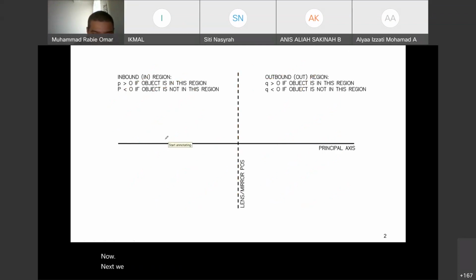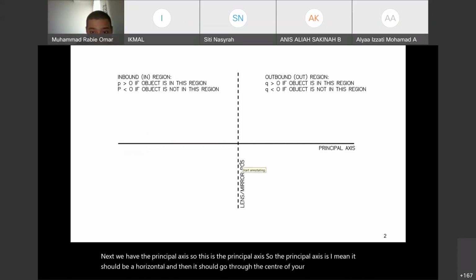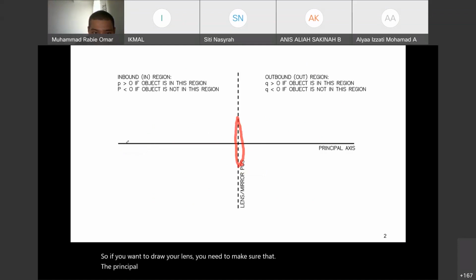So this is the principal axis. The principal axis should be horizontal, and it should go through the center of your mirror or your lens. So if you want to draw your lens, you need to make sure that the principal axis goes through the center of the glass or the mirror.